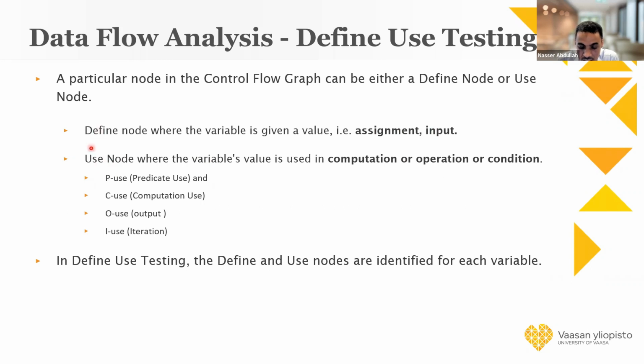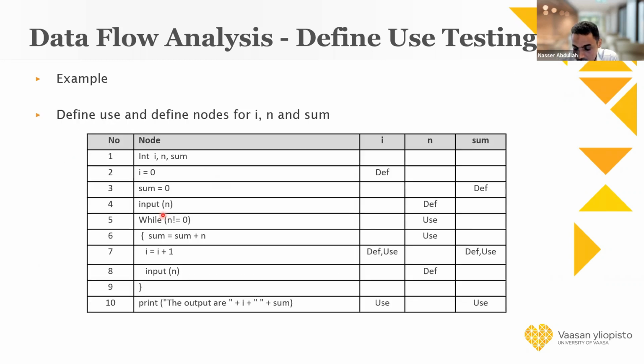So here we have define and use, and this is what type of use. If any iteration, it's used. Output, it's used. If you see here, for example, this is output, it's also use. So this is how to determine whether it's use or define.